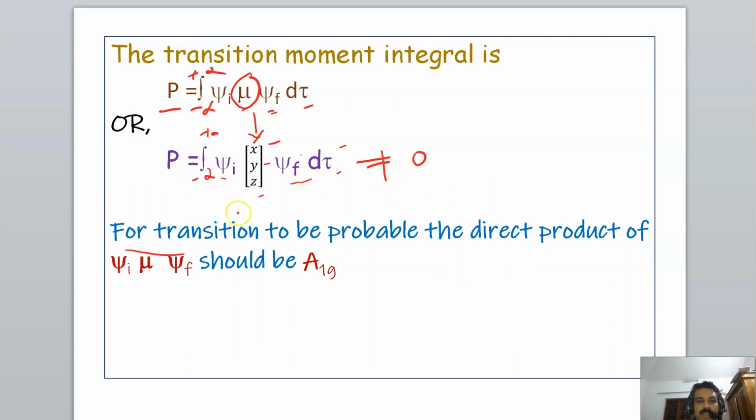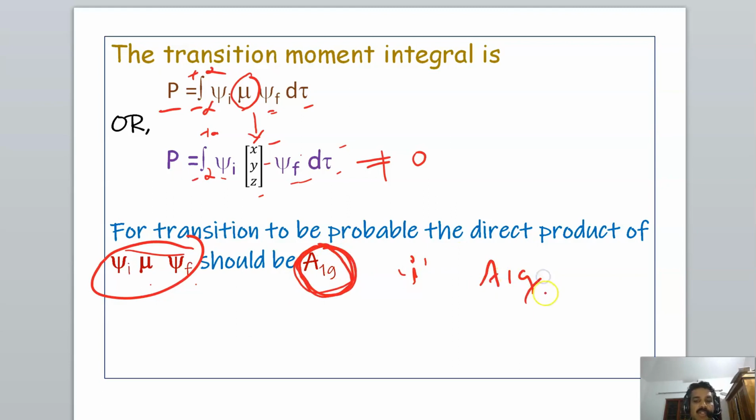And for that, the direct product of psi i, mu, psi f should be totally symmetric, and in this case the totally symmetric representation is A1g, because here there is a center of symmetry or a center of inversion. Therefore, the totally symmetric representation is represented as A1g, not simply A1.